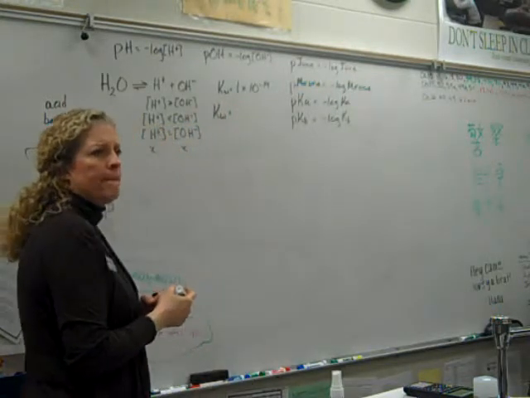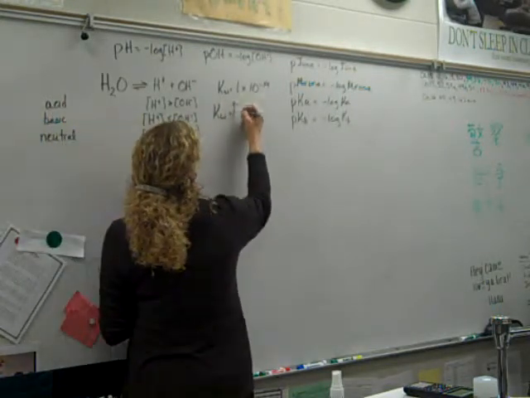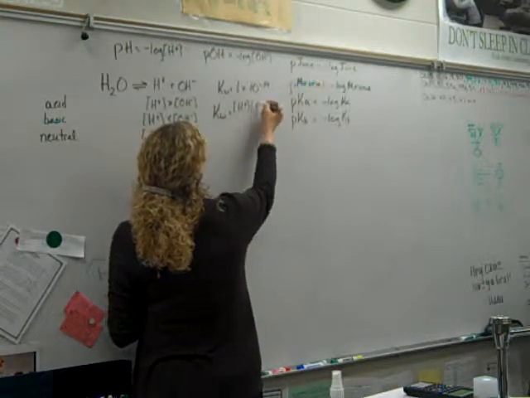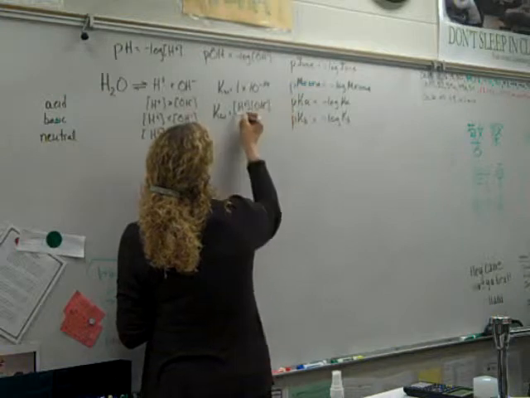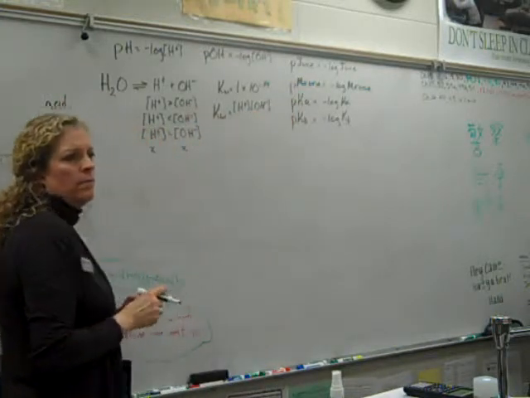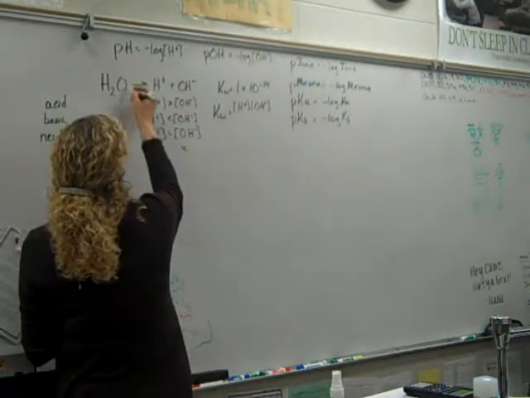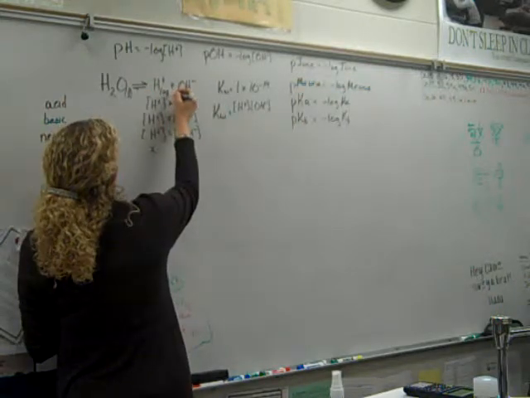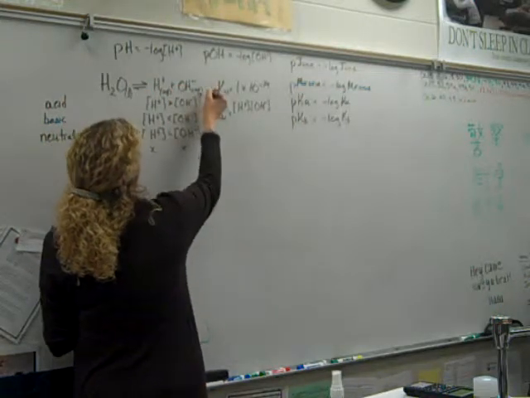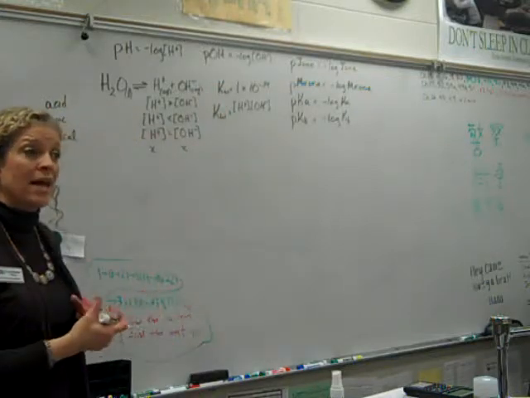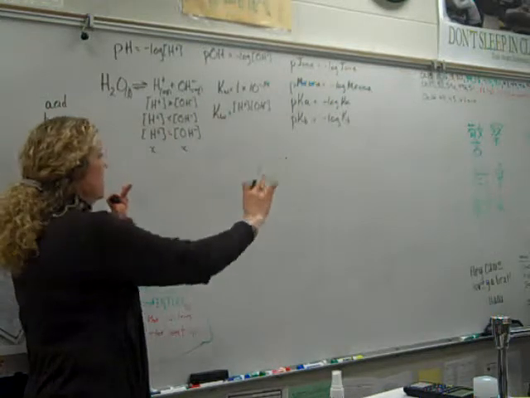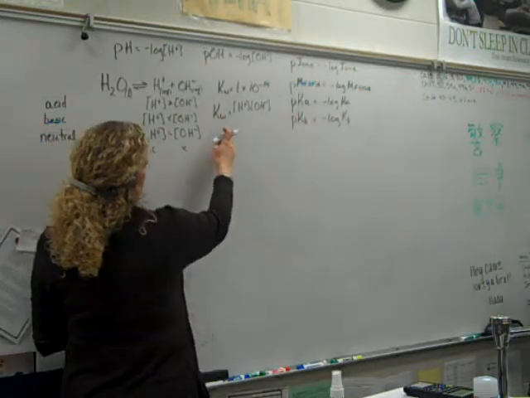What would go on top? H plus times OH minus, and what would be on the bottom? Nothing. Very good, because this is liquid water. These are aqueous ions. So there is no denominator, kind of like when we worked with Ksp. Solids turning into ions. Okay, so that's our expression.